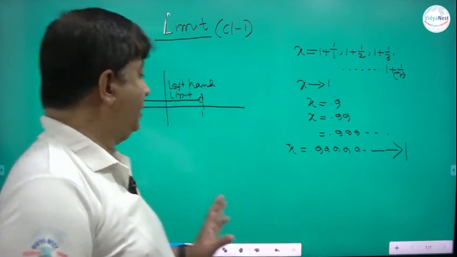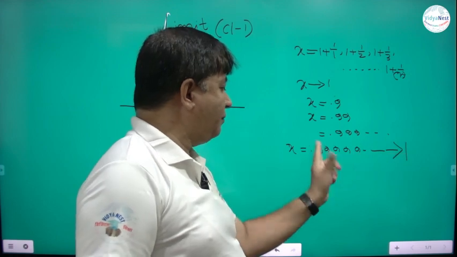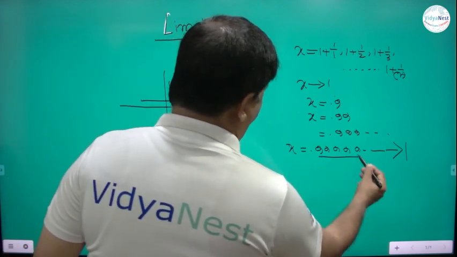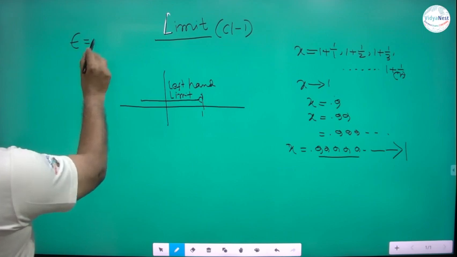What is the basic difference between 1 and that value? See, there is a term, it is called epsilon.